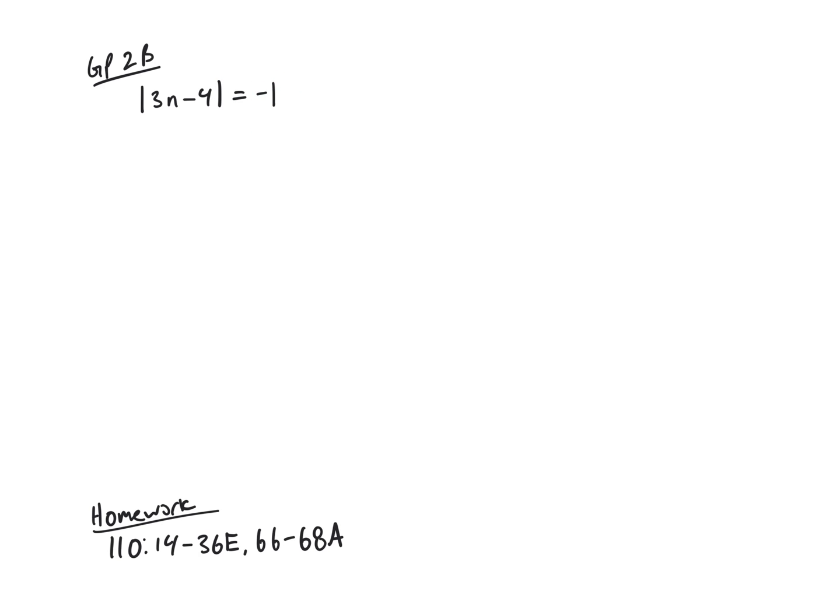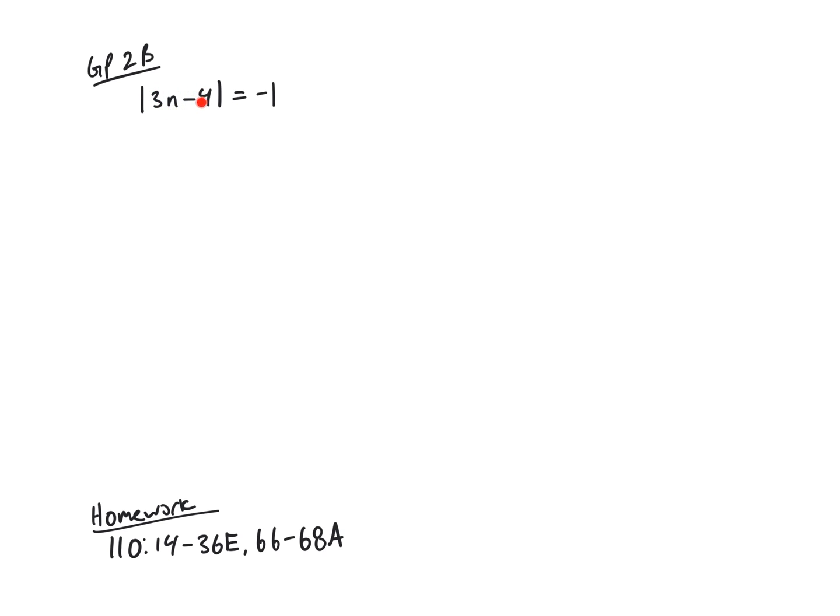So what we're asking is, what number could I plug into an absolute value that gives me out a negative 1? Well, hang on. We just said that the absolute value always produces a positive number. However, this is equal to a negative number. So this is actually impossible.